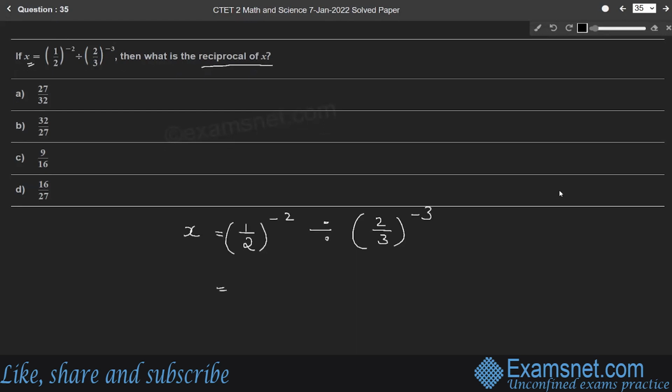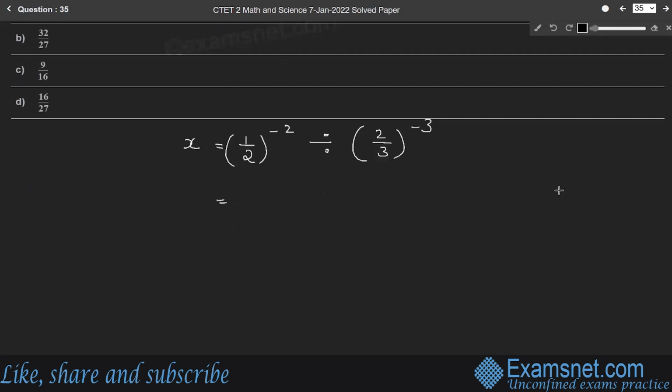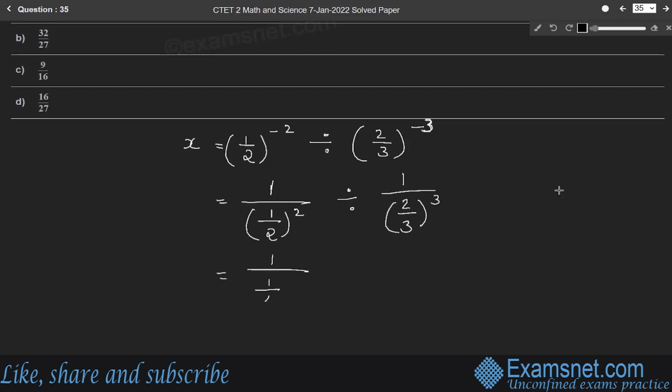So any number, if its power is negative, then it becomes 1 by 1 by 2 to the power of plus 2, right? Divided by, so here the second number also has a negative power, so it becomes 1 by 2 by 3 to the power of positive, right? So here 1 by 1, 2 square is 4, divided by 2 cube is 8, 3 cube is 27.